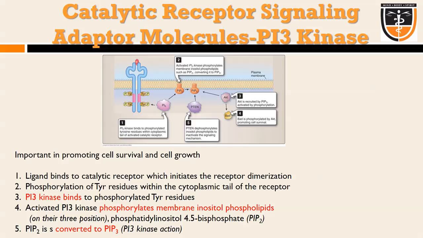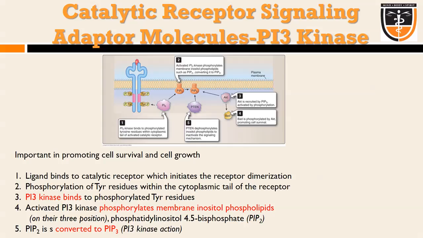Now, activated PI3 kinase will phosphorylate membrane molecules known as inositol phospholipids on their third position. So they will actually phosphorylate phosphatidyl inositol 4,5-bisphosphate. You remember this guy? PIP2. Okay. So PIP2 is now converted to phosphatidyl inositol 3-phosphate, or PIP3, by the action of PI3 kinase activity.